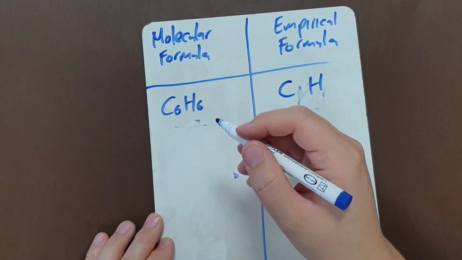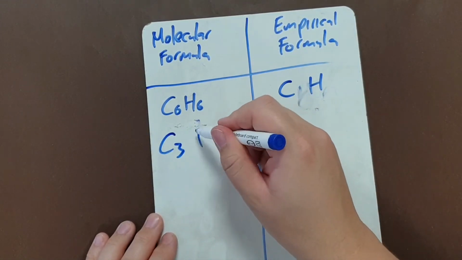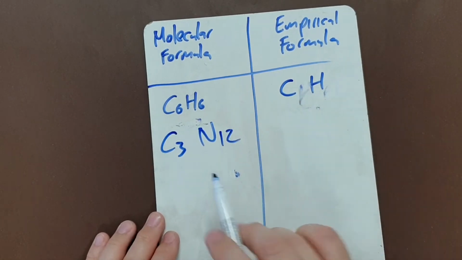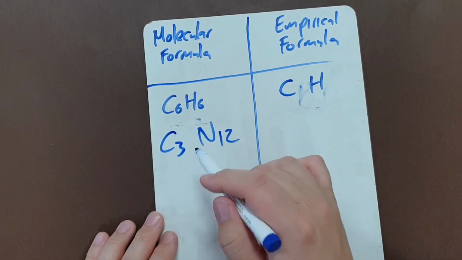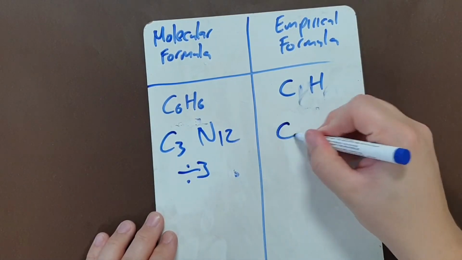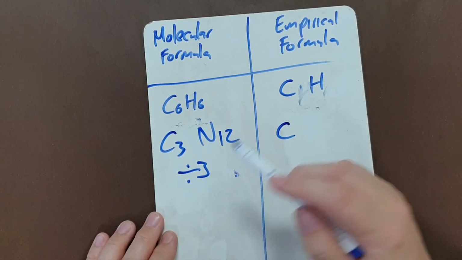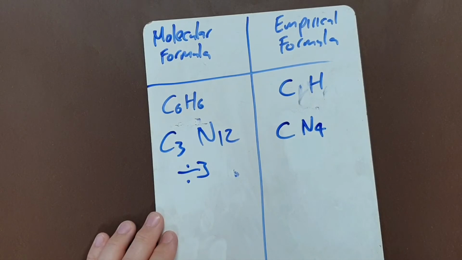So if we had C3H12, what is the largest number that can be divided by both of these? Well, it's 3. So we divide both by 3. So 3 divided by 3 is 1. So we've got C. And 12 divided by 3 is 4. So we've got CH4.